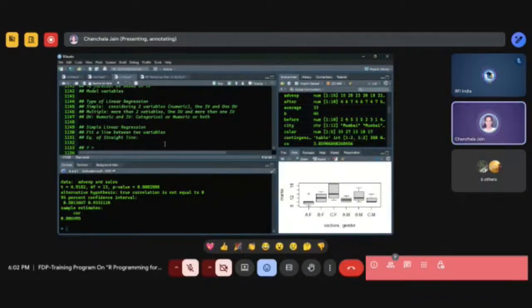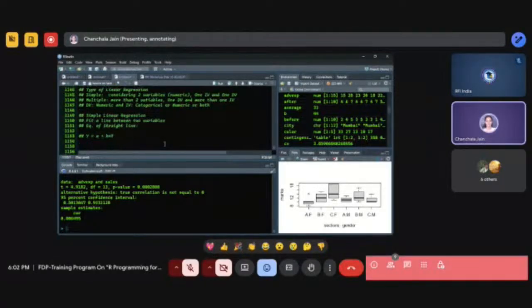It is y equals mx plus c. We all have studied, or maybe here I'm writing y equals ax plus b, or a plus bx maybe. Is it okay? Fine? Yes, ma'am.